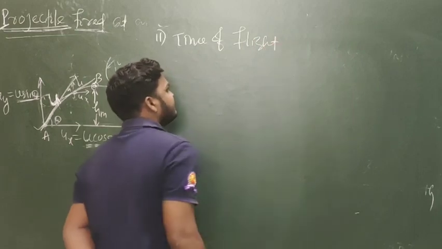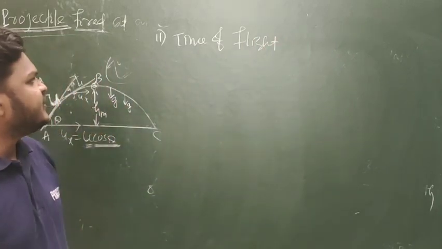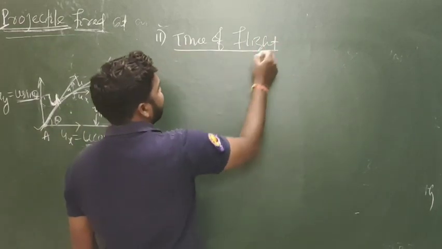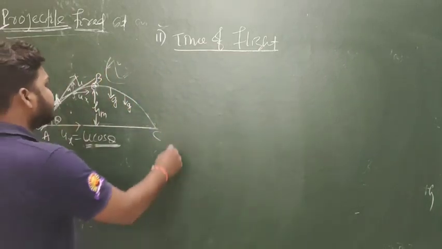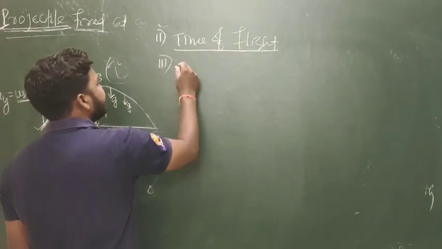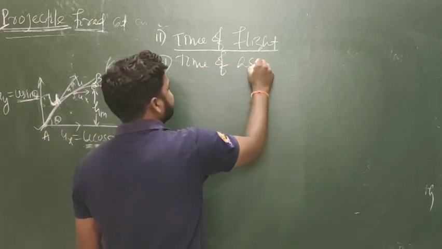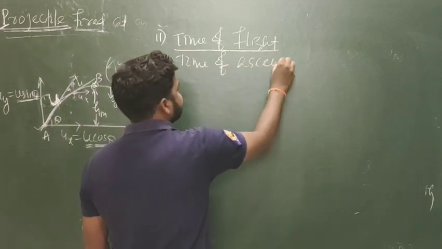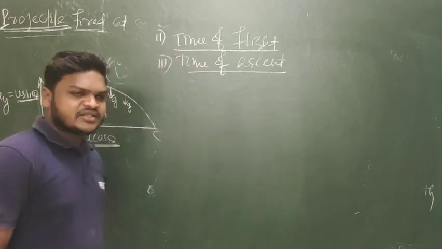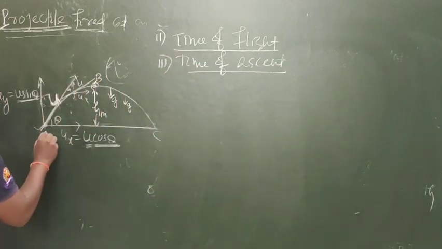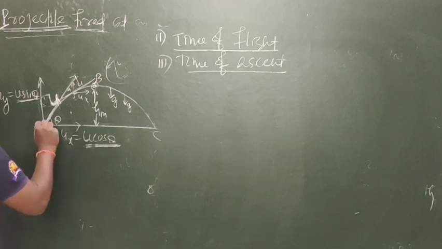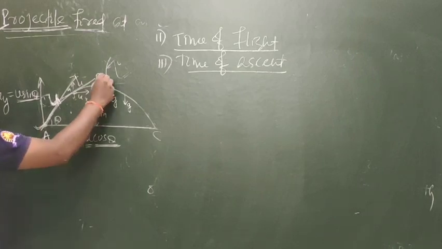So before we calculate time of flight, first we see what is time of ascent and time of descent. Time of ascent means the time taken by the projectile to reach from A point to B point.